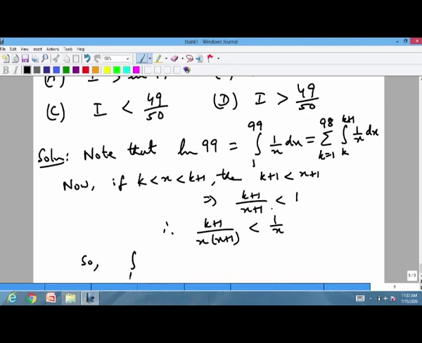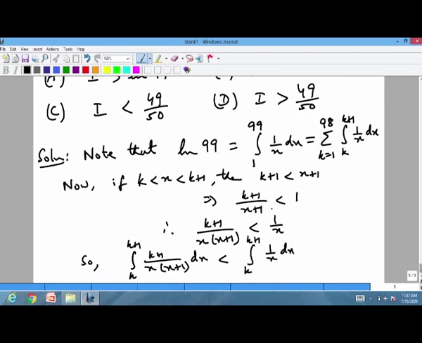So, the integral from k to k plus 1 of (k plus 1) by x times (x plus 1) dx is less than the integral of 1 by x dx from k to k plus 1.